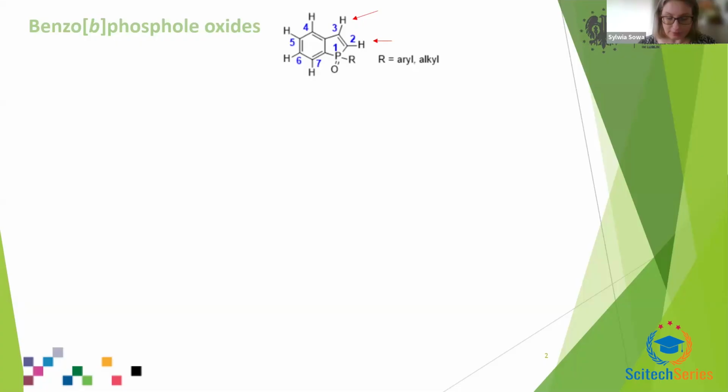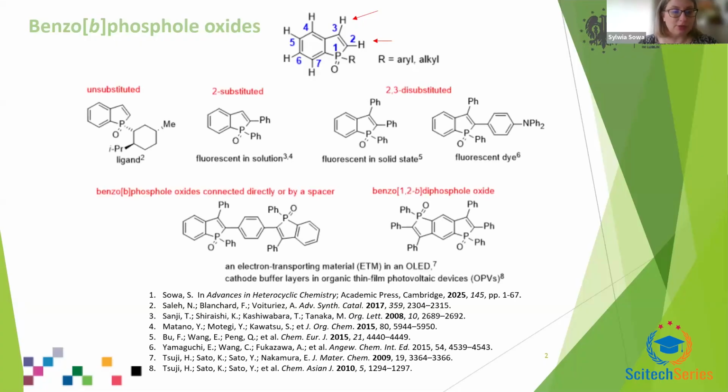Here, model representatives of each group are given with their reported applications. These include unsubstituted, 2-substituted, 3-substituted, and 2,3-substituted benzophosphole oxides, as well as molecular structures possessing 2 molecules of benzophosphole oxide, as well as the more conjugated benzodiphosphole oxides.